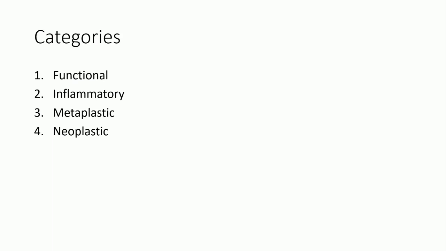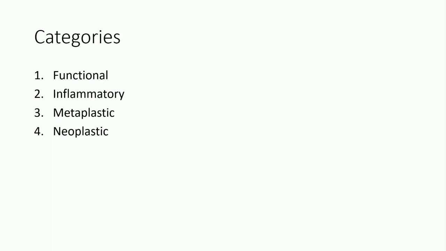Okay. The next one is inflammatory. The name itself implies that due to inflammation of the ovarian tissue, there will be the origin of some kind of tumors. It may be a mass tumor or a cystic kind of thing. So that is inflammatory.